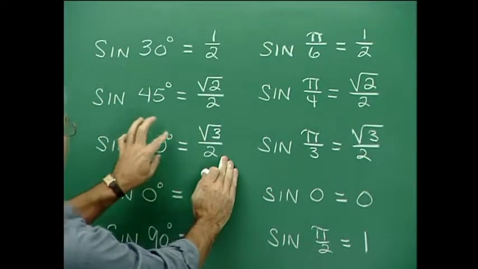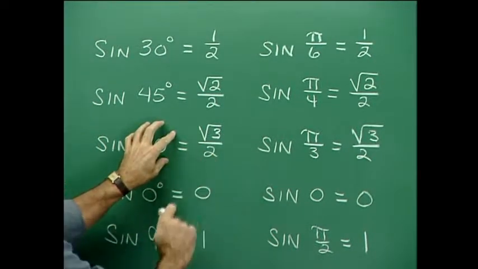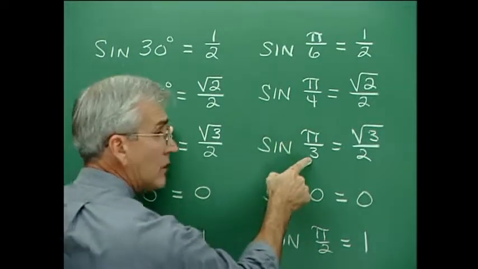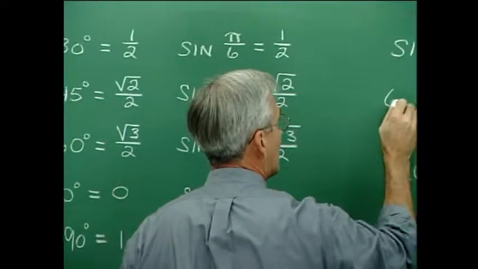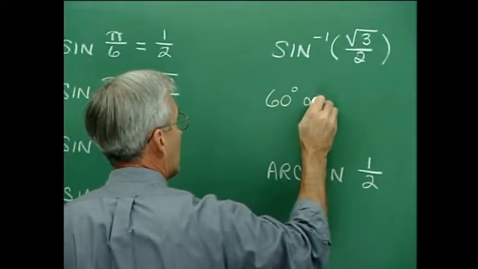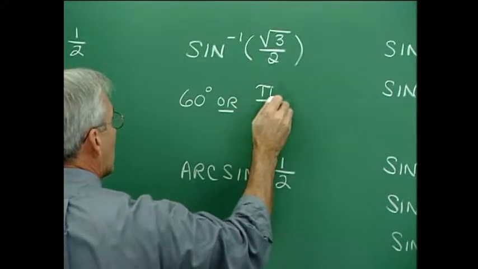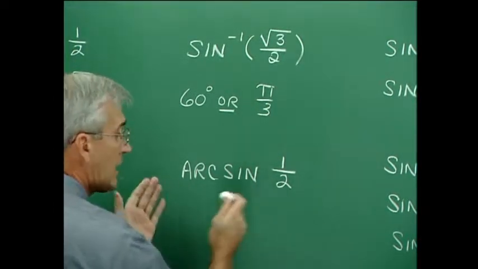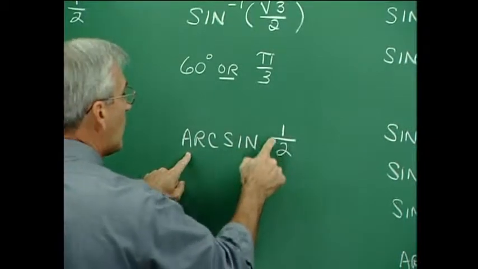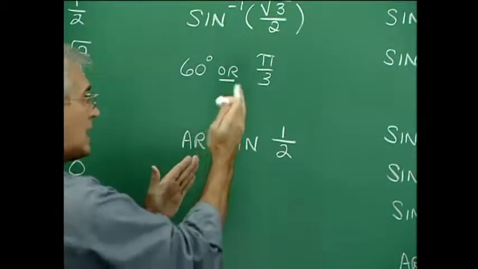So the angle we're looking for is 60 degrees, you see, or it is the real number pi over 3. So the answer here is 60 degrees or pi over 3. A similar request is made using the arcsine notation. Arcsine 1/2 means we're looking for the angle whose sine is 1/2.